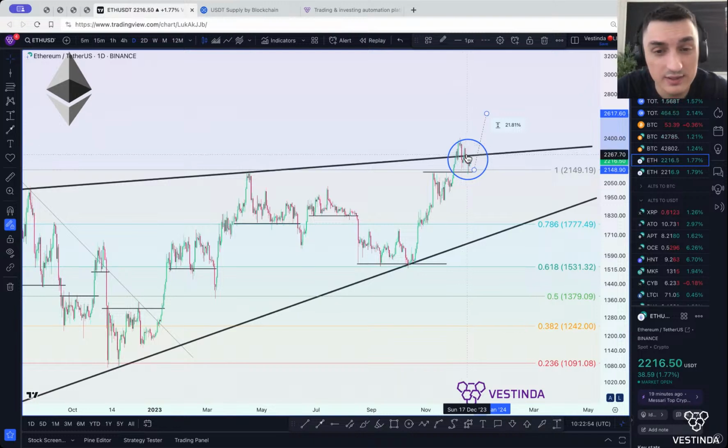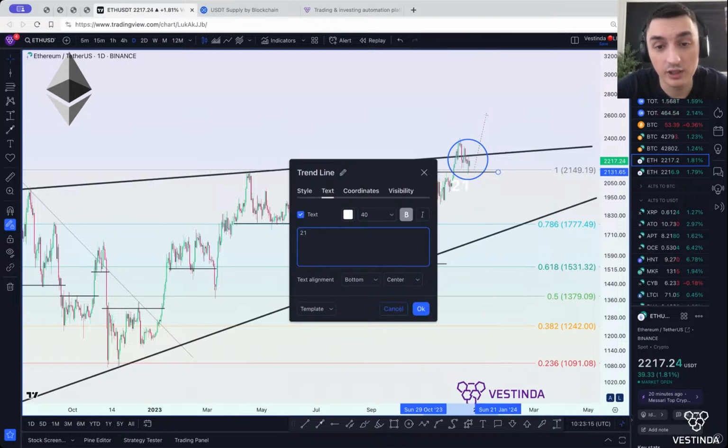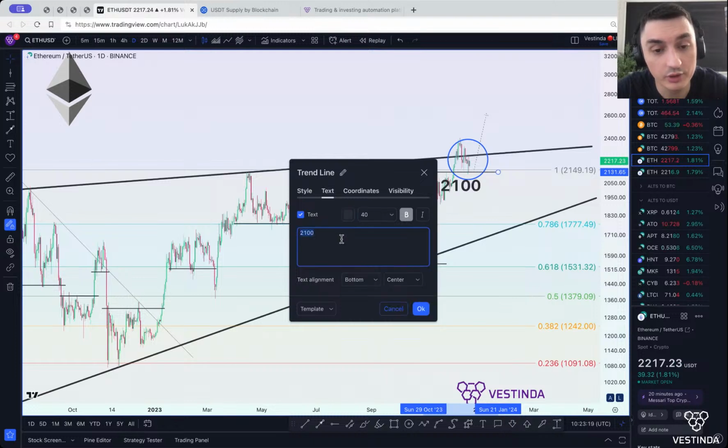So it is possible that we're going to see another attempt on Ethereum to break these levels. However, a very important level, the one I'm focusing on mostly, is the 2100 level. So 2100 is a key level for Ethereum to hold for the next period.